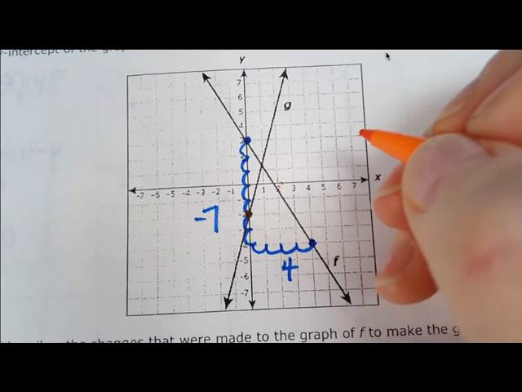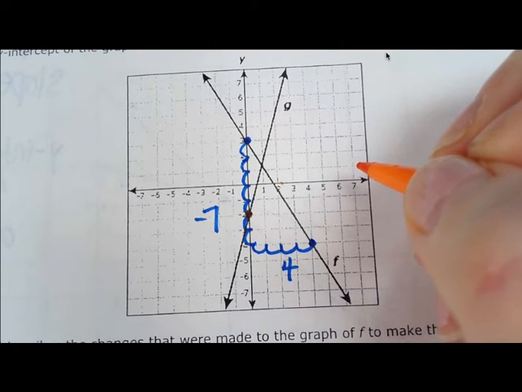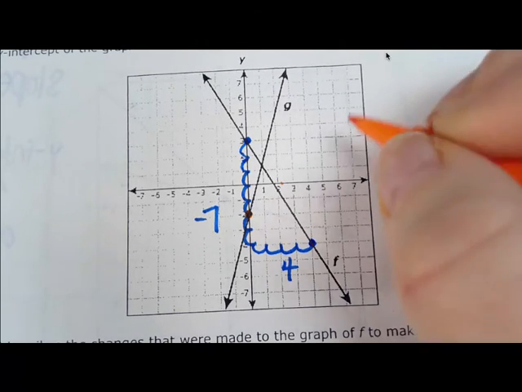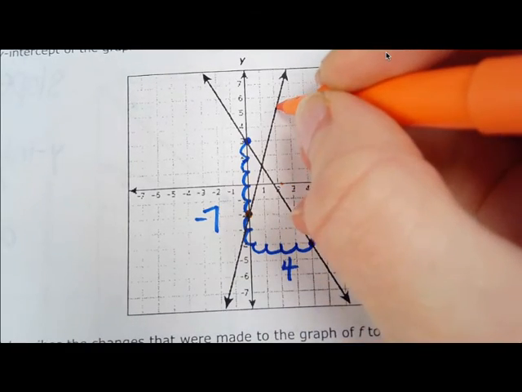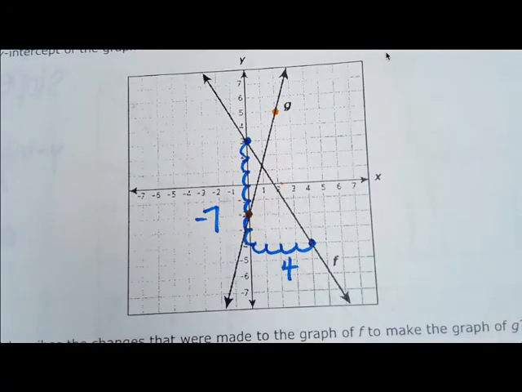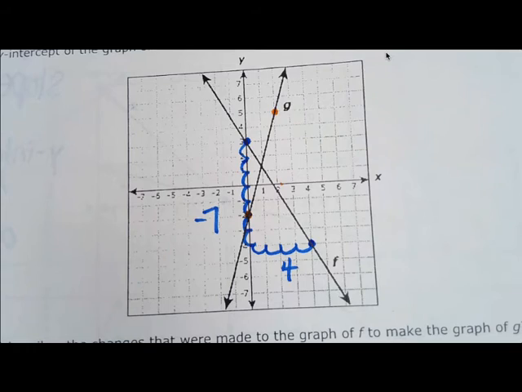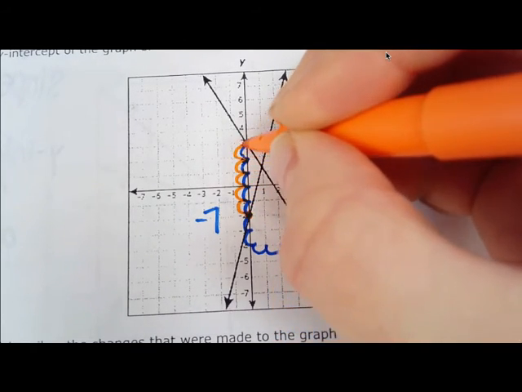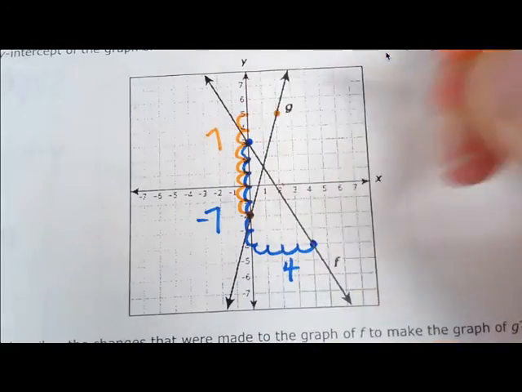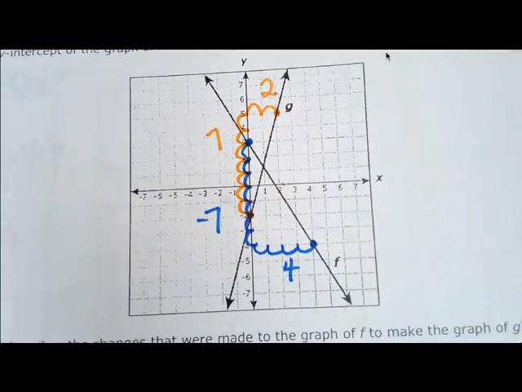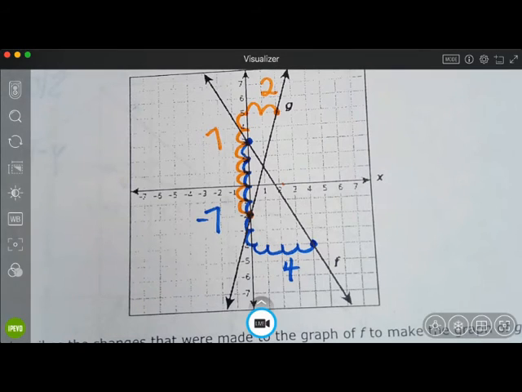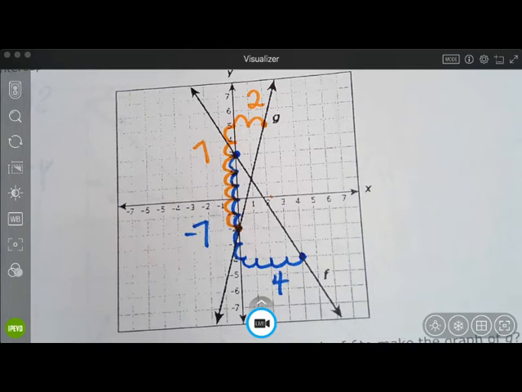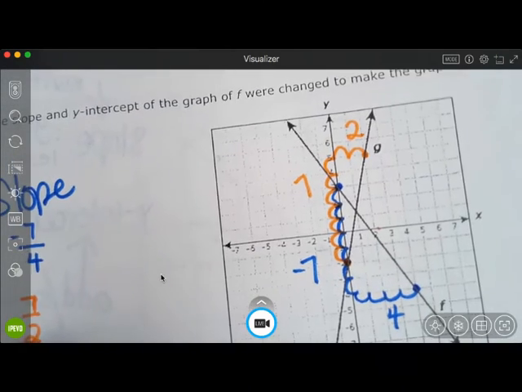Isn't that on the same line? Right here? Yes. Okay, so let's count rise over run. So 1, 2, 3, 4, 5, 6, 7 over 1, 2. So this one is positive 7/2.